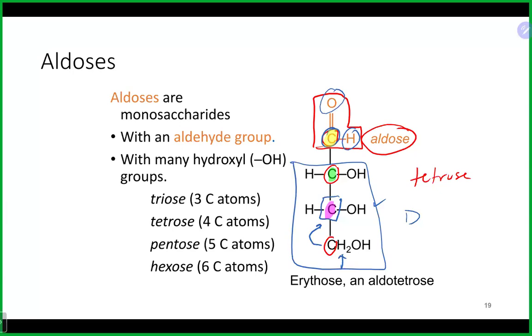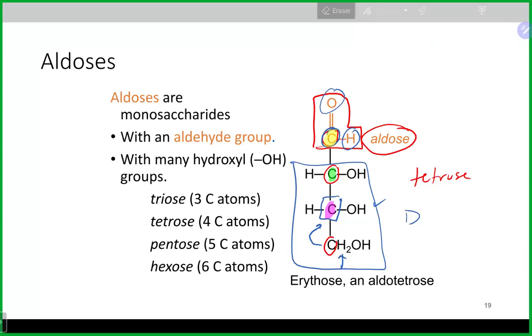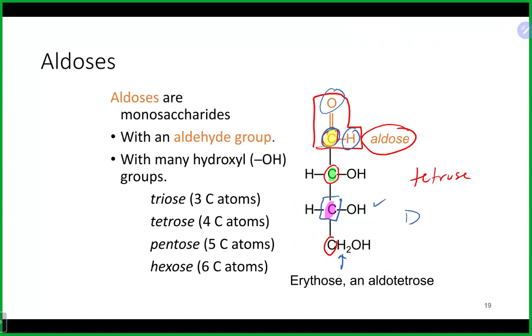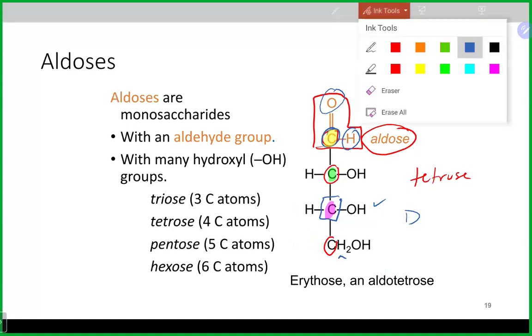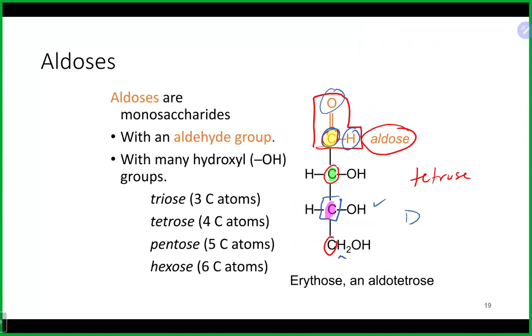Correct. So when we look at those individual carbons, say the green carbon there, we would just be looking at what's attached to that green carbon, not looking at everybody's individual pieces. So attached to that green carbon would be this guy, this guy, this guy.